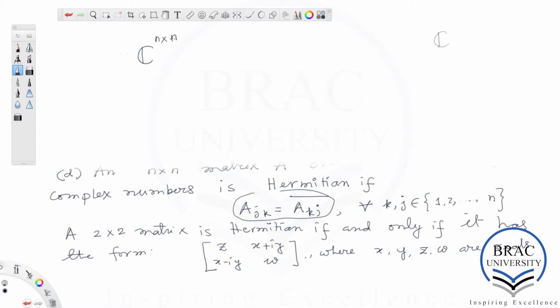It's a special case of the vector space F to the n cross n, where we just take the field to be the field of complex numbers.